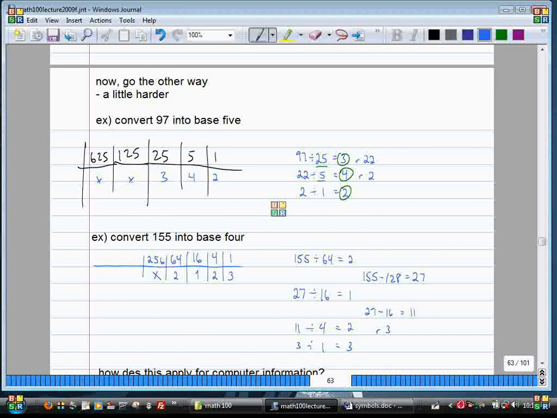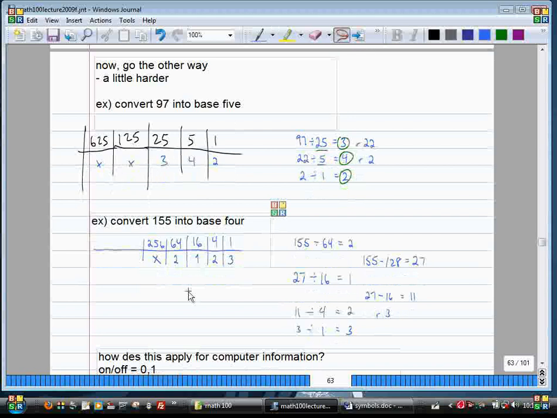So, come back to something that we mentioned last time. How does all this stuff apply for computer information? Let's just mention this a little bit. Computers run on electricity, and in electricity, the easiest thing to measure is on or off.